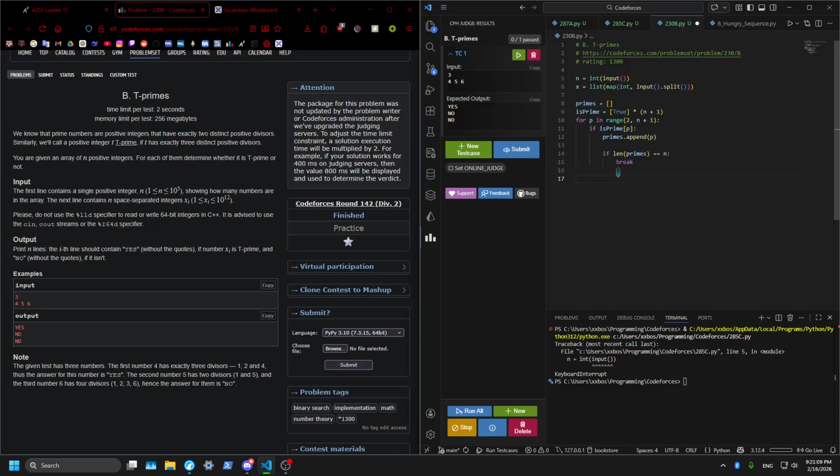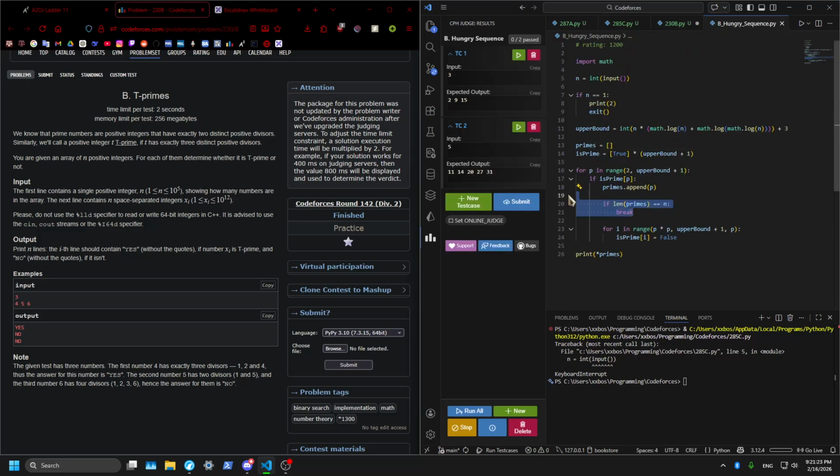Like if n was 3, actually, what is this part for? Because this is what I have here, right? Oh, why did I need this? I can't think of a case where the length of primes would be equal to n. Or why is it in here?